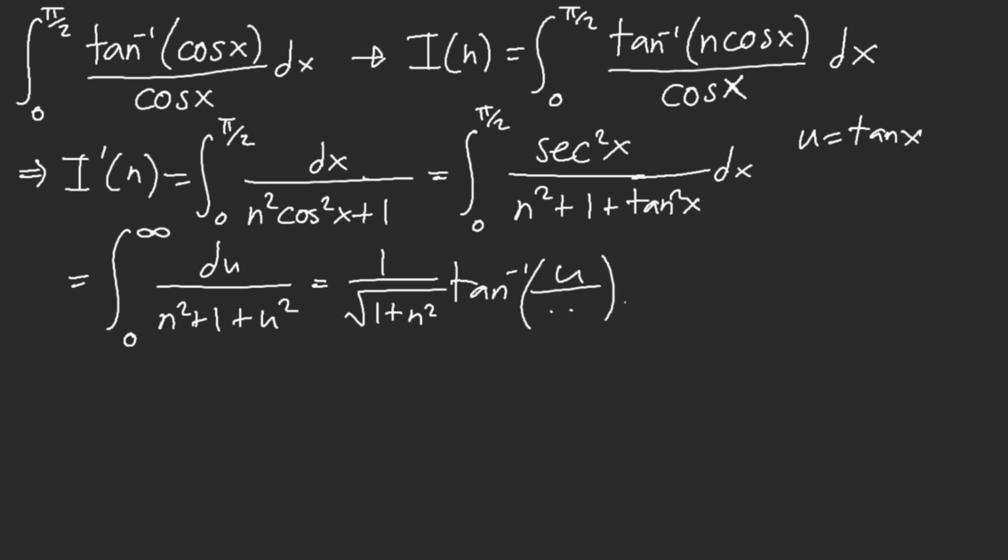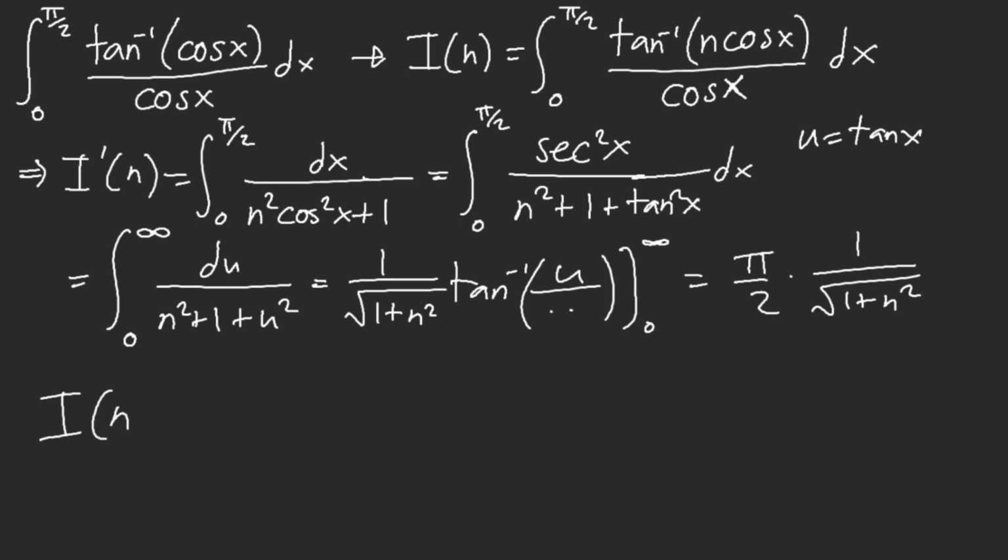Well, we're plugging in 0 to infinity, so no matter what, we're just going to get pi over 2 over the square root of 1 plus n squared. Okay. And what is this? Easy. I of n, when we integrate that, is simply pi over 2 inverse sinh of n plus c.